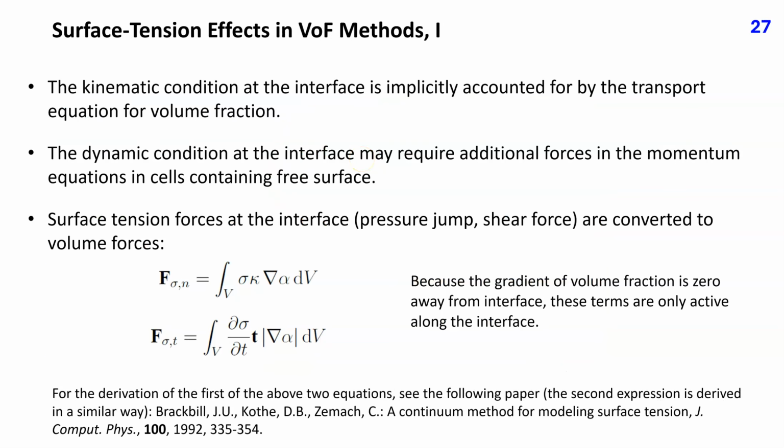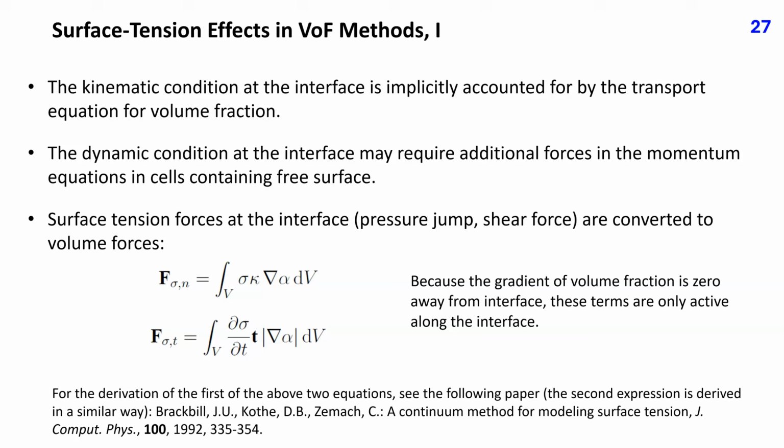The kinematic condition at the interface is implicitly accounted for by the transport equation for volume fraction. The dynamic condition at the interface may require additional forces in the momentum equations in cells containing free surface, for example, surface tension force.